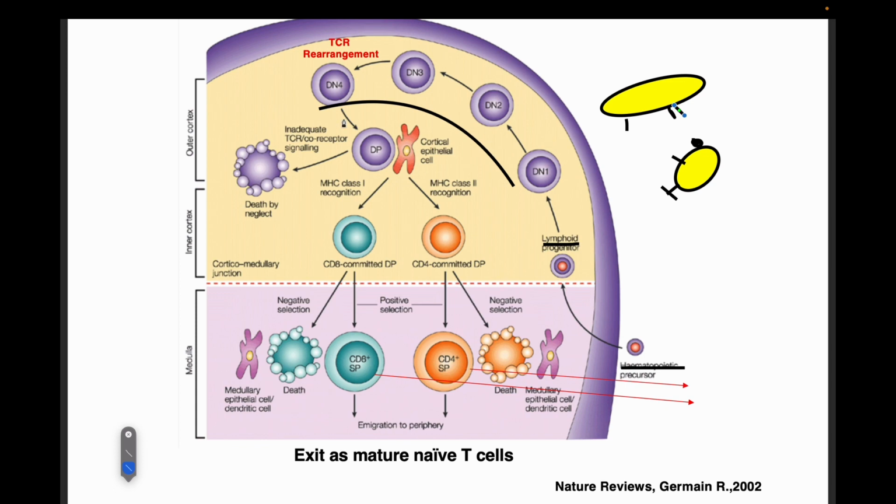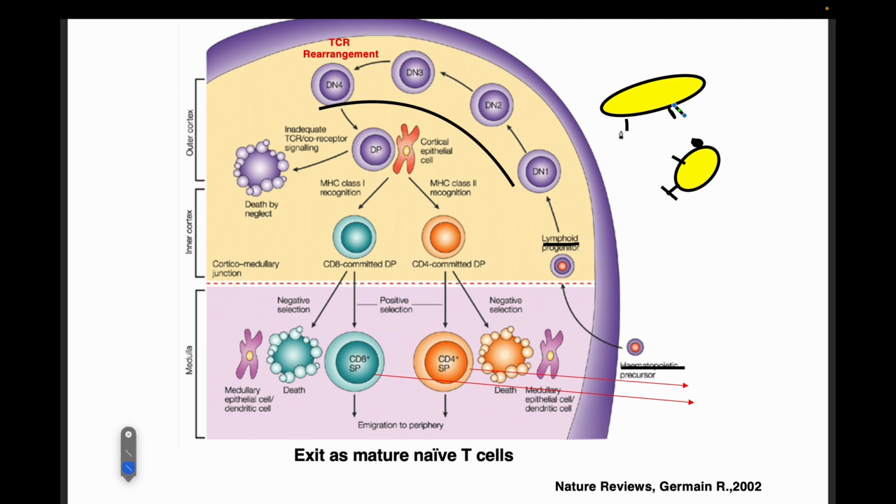اما اذا كان اكو هناك adequate TCR و adequate co-receptor signaling, راح ننتقل للخطوة الثانية اللي هي depending on the double positive cell, depending on the higher affinity, يعني it will choose into binding to either MHC2 or MHC1.